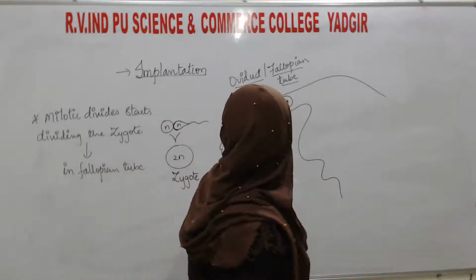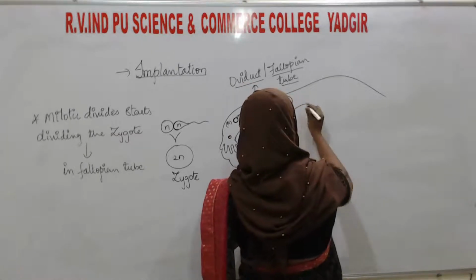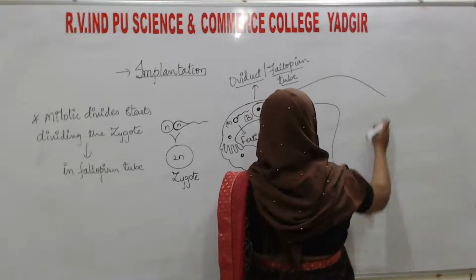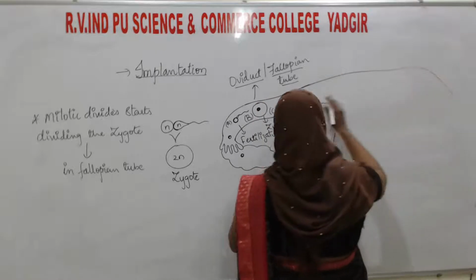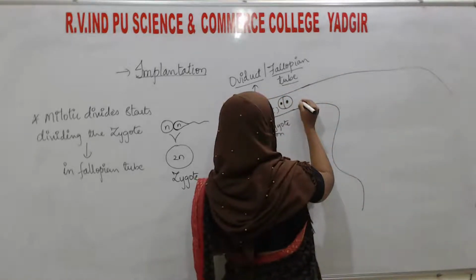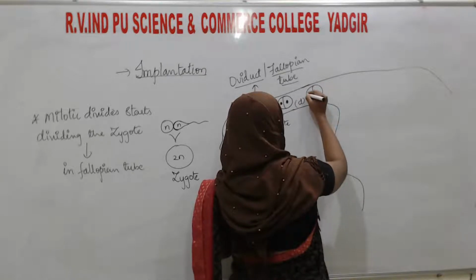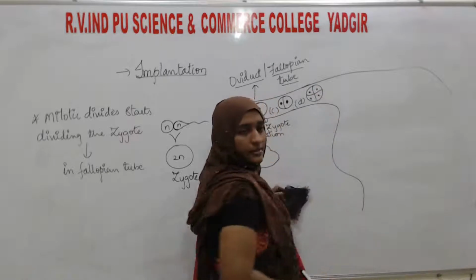Then the D: these two cells will divide into four cells.